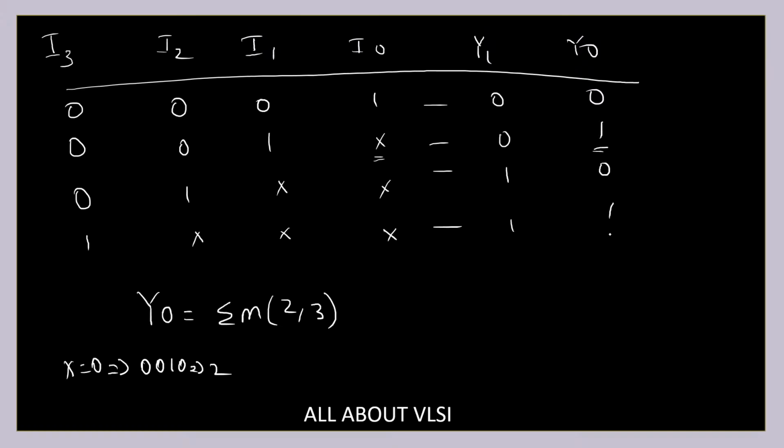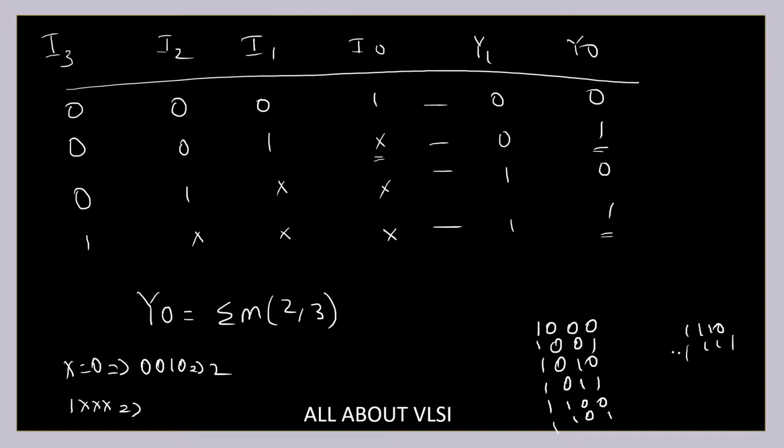This is one scenario. And here also you have 1 x x x. If you expand it, you are going to have 1 0 0 0, 1 0 0 1, 1 0 1 0, 1 0 1 1, 1 1 0 0, 1 1 0 1, 1 1 1 0, and 1 1 1 1. So these are the different minterms, starting from 8, 9, 10, 11, 12, 13, 14, 15.